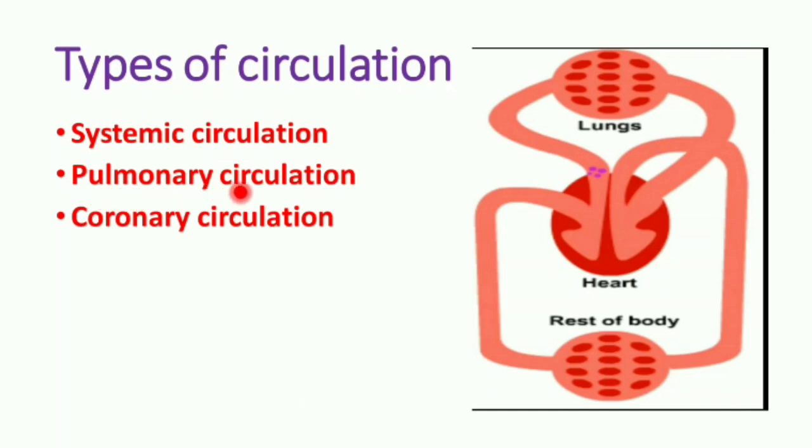In pulmonary circulation, the blood is transported from the heart to the lungs and then from the lungs to the heart. That is pulmonary circulation. In coronary circulation, the blood is transported from the heart to the heart through the coronary artery. This is known as coronary circulation.